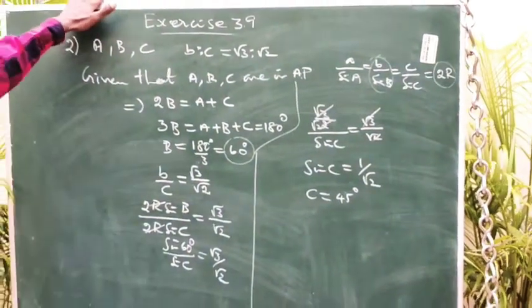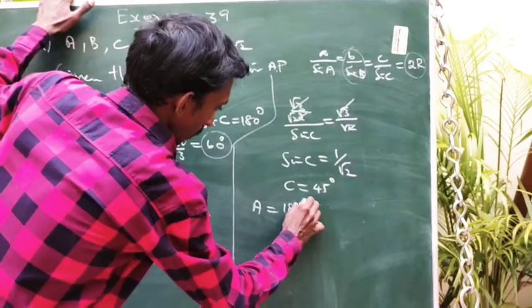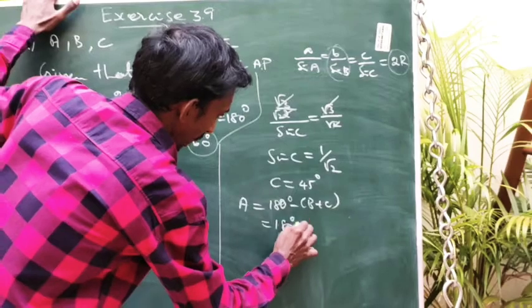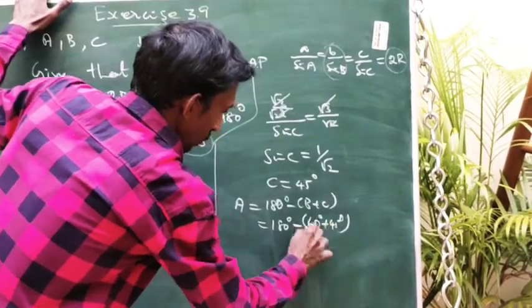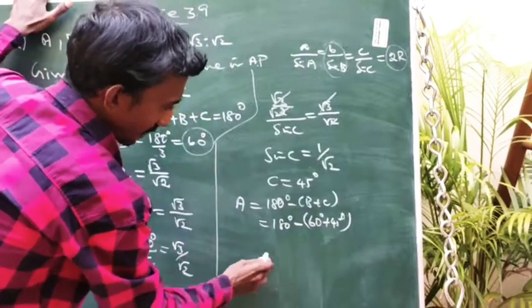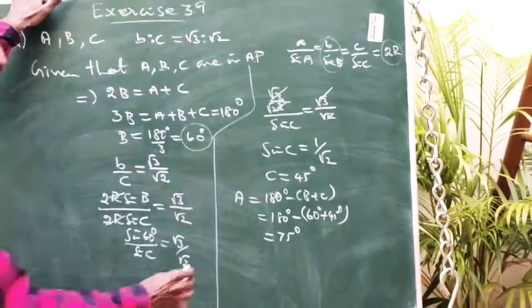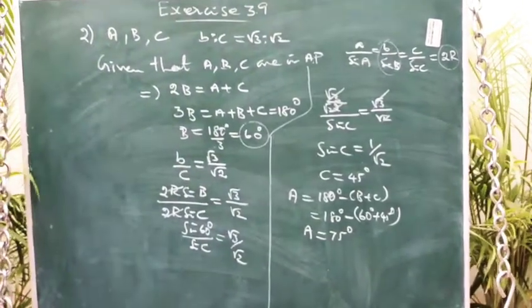So they are asking A. A equal to 180 minus (B plus C), so 180 minus (60 plus 45), 180 minus 105, so 75 degree. So that is the required answer. Angle A equal to 75 degree.